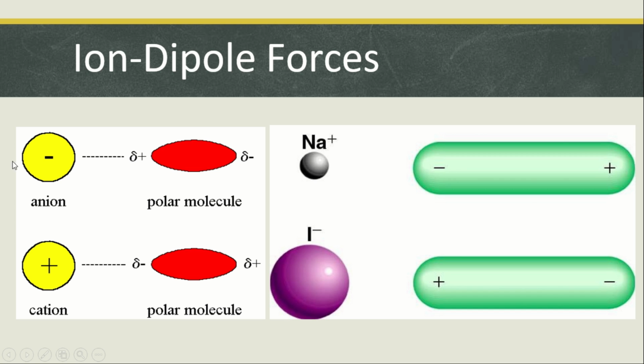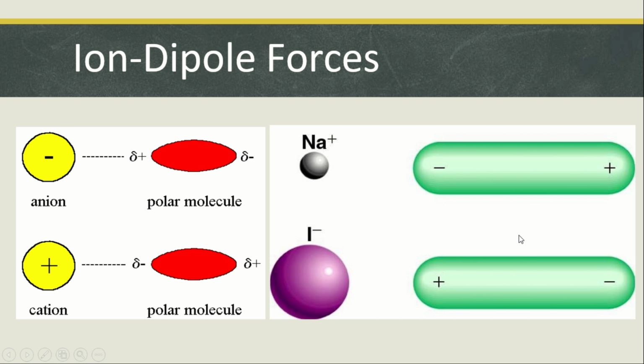As we have seen in this illustration, an ion with a negative charge will be attracted to the partial positive side of our polar molecule. Same goes with a cation, a positively charged ion, which will be attracted to the partial negative part of a polar molecule.